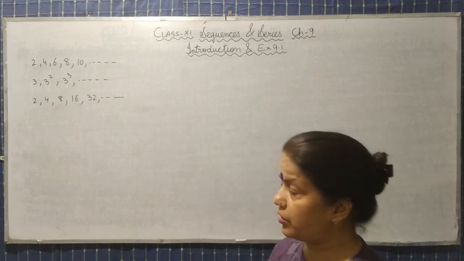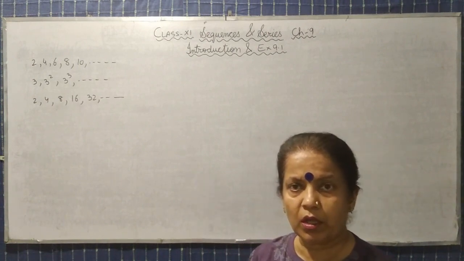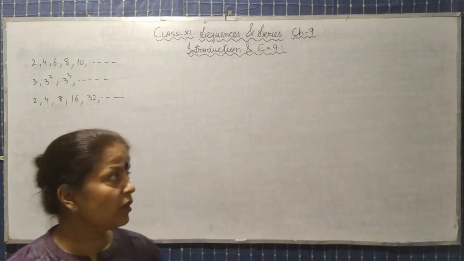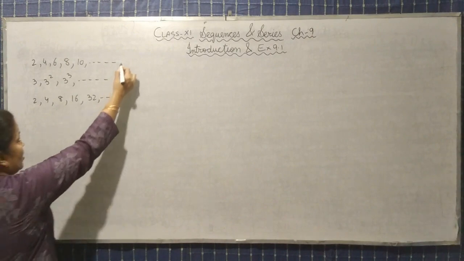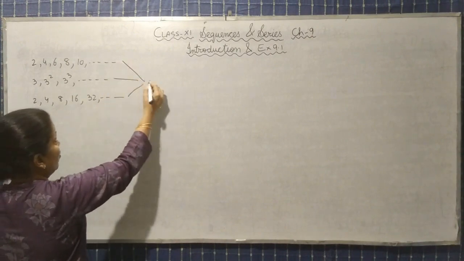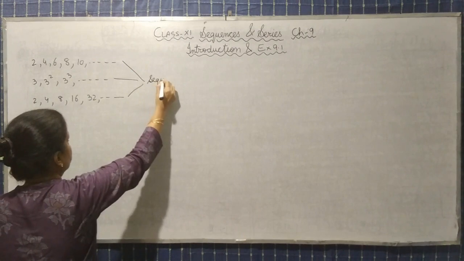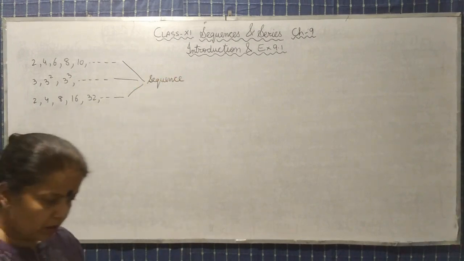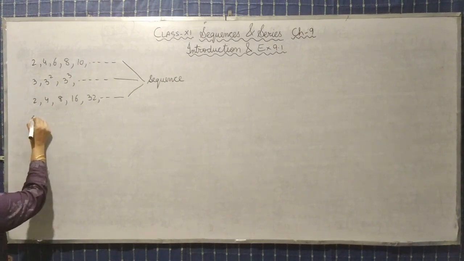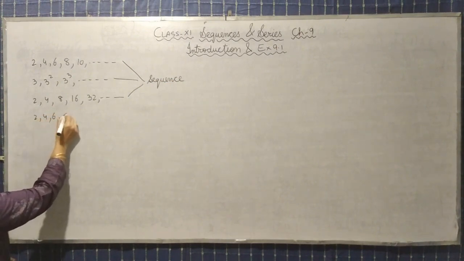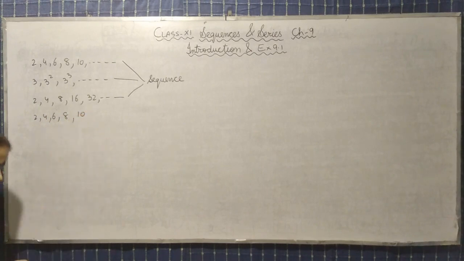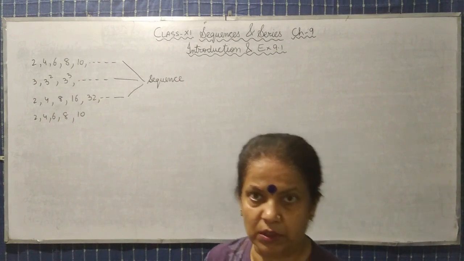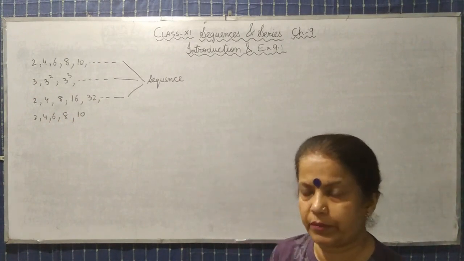such type of expressions in which you are getting some similarity are called a sequence. If I rewrite one sequence like this up to 10, then the terms we can count it.